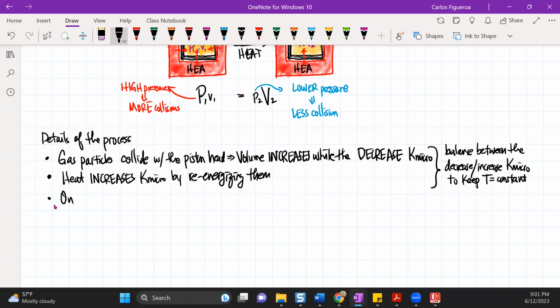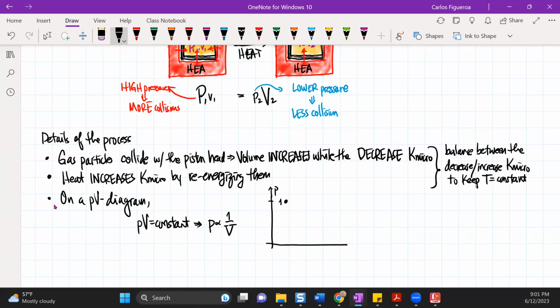So on a PV diagram, we see here that pressure times volume is equal to a constant. So this immediately tells me that the pressure is proportional to 1 over the volume. So when I plot this, I'm seeing this type of curve. I start off at state 1, and this tells me that the pressure is high. And then I'm going to go to state 2, and the way I go to state 2 is that this follows this 1 over the volume process.